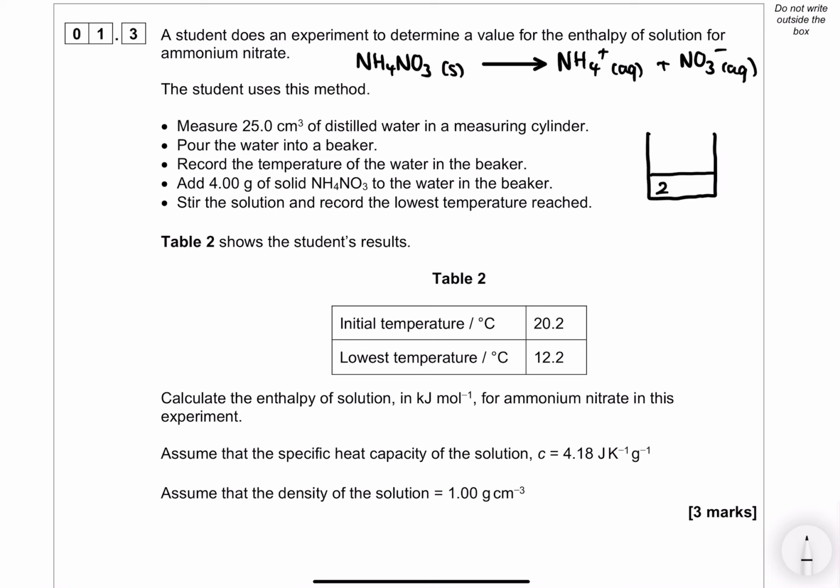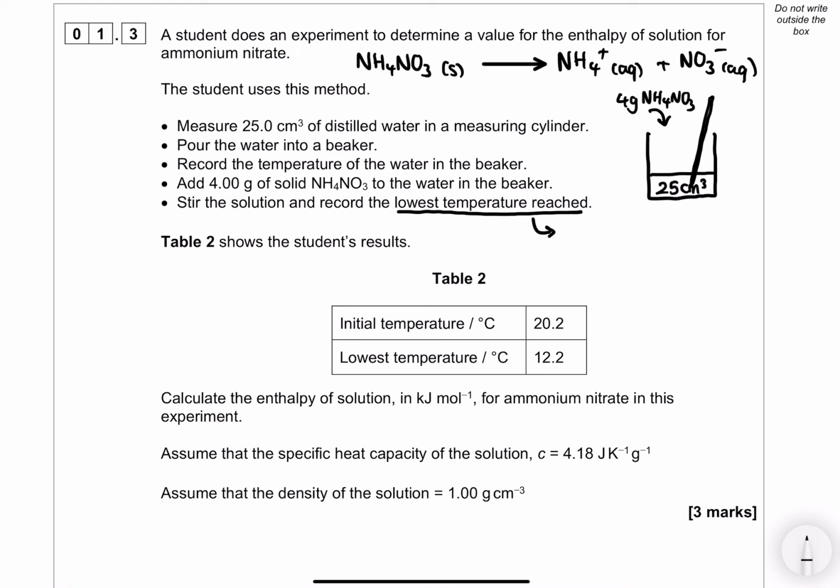So they've put 25 centimetres cubed in here. They're recording the temperature of the water in the beaker. They add in 4 grams of NH4NO3 and stir and record the lowest temperature reached.